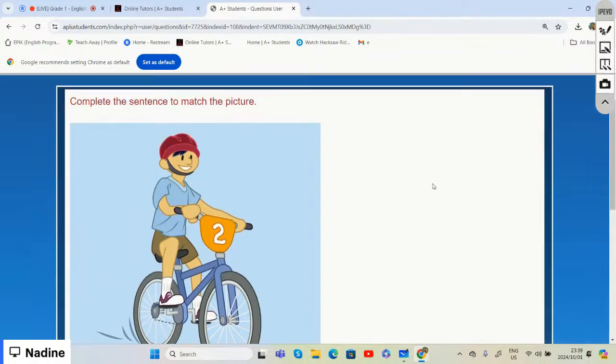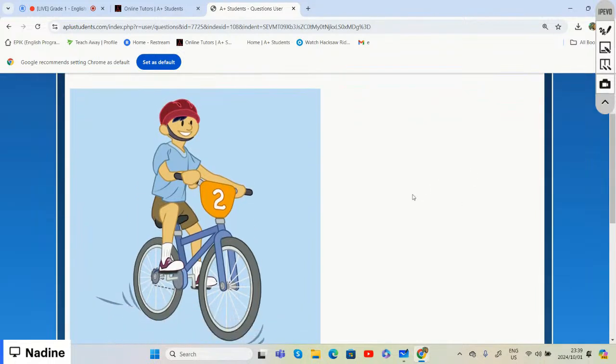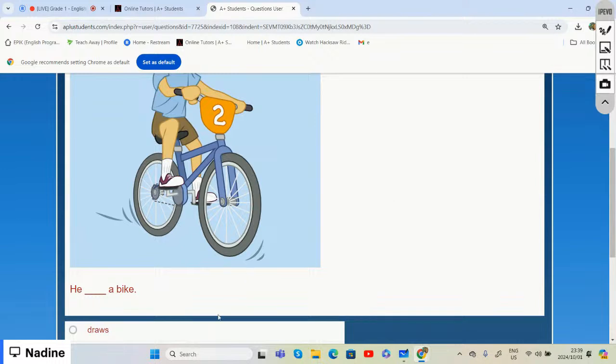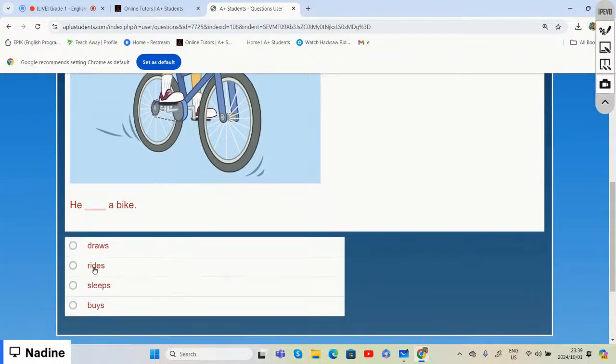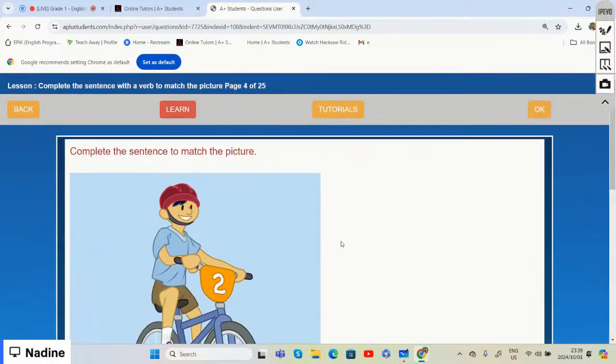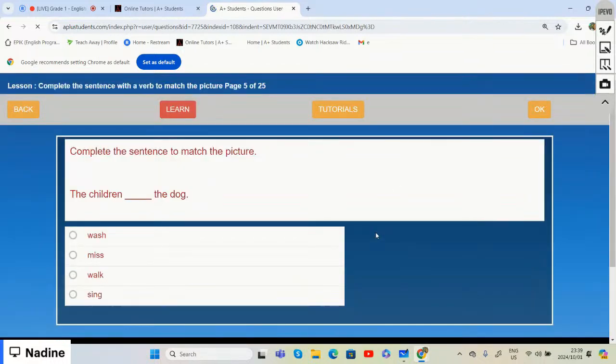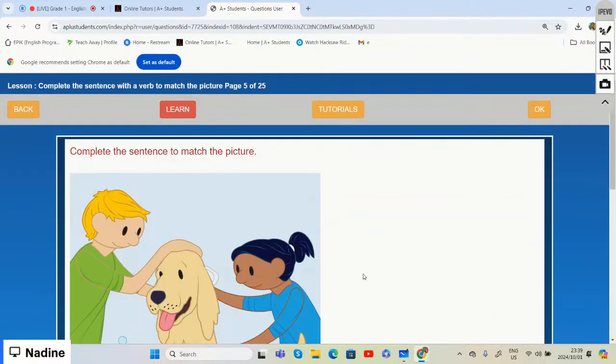All right. If we look at the picture, we can say he, which is the boy, rides a bike. And rides is correct. Let's look at the last one.